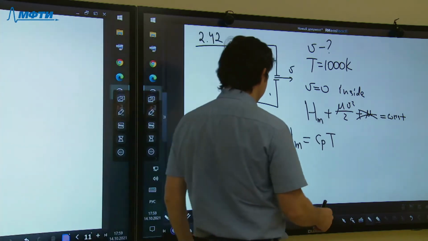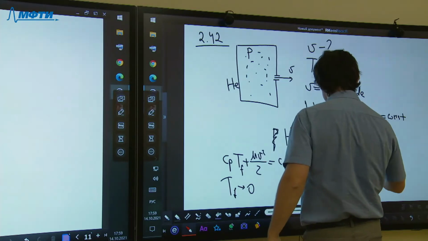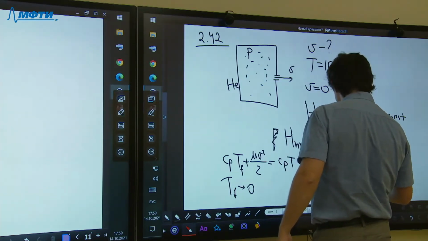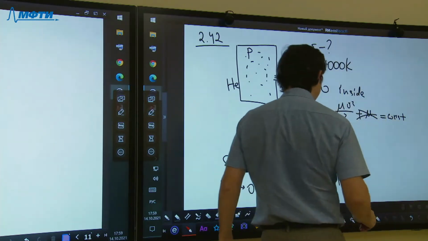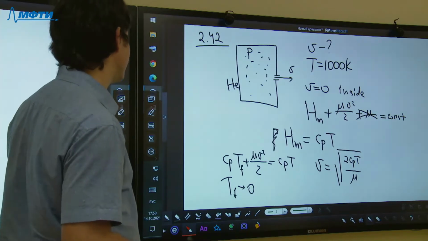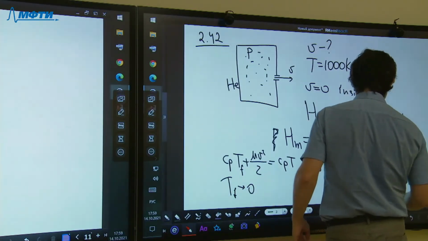So that gives us the limit for the velocity, which is the square root of 2 times Cp T over nu, which is the molar mass of the helium. So now we need to substitute all of these quantities.